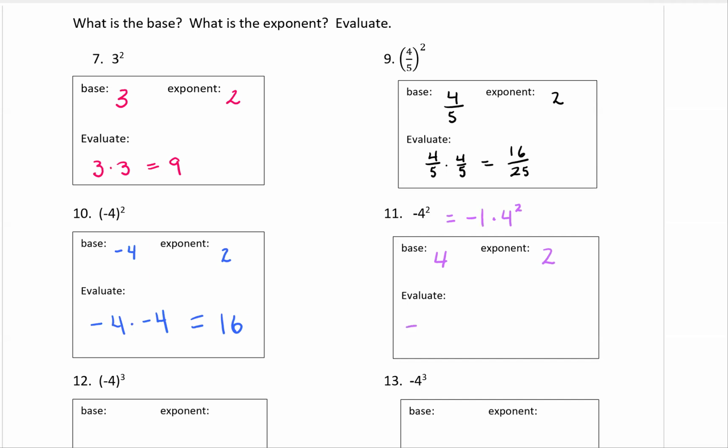It could be written as the opposite of 4 times 4. Well, 4 times 4 is 16. The opposite of a positive 16 is a negative 16. Pay particular attention to these two. They are very different, especially when you're putting them in your calculator.